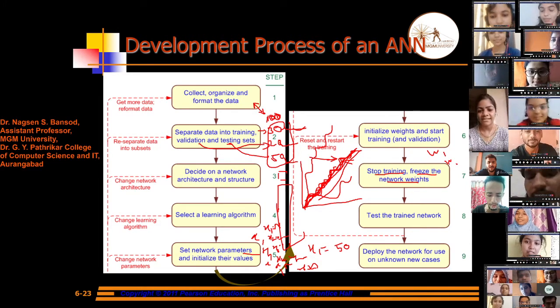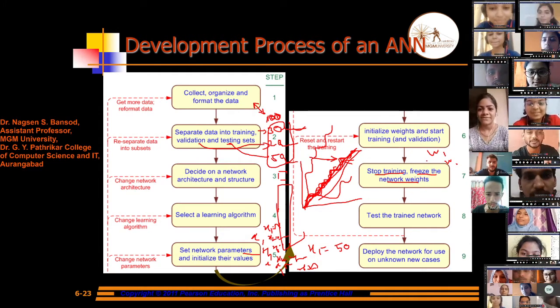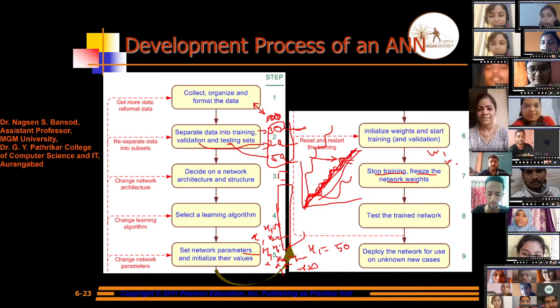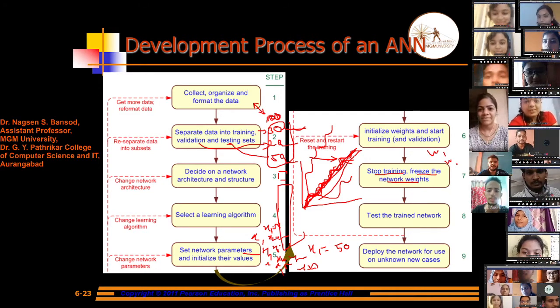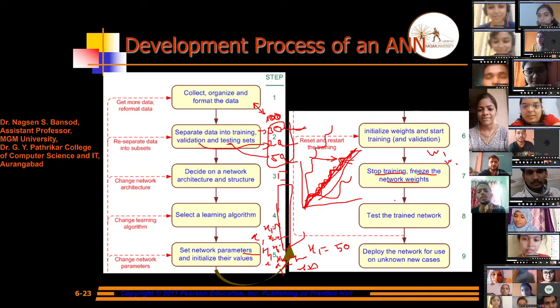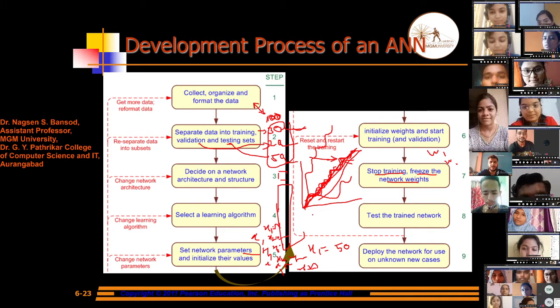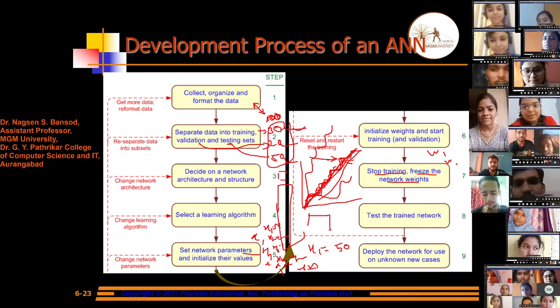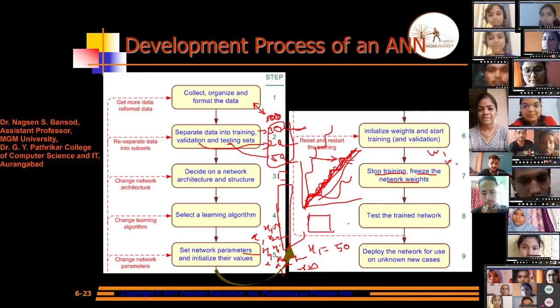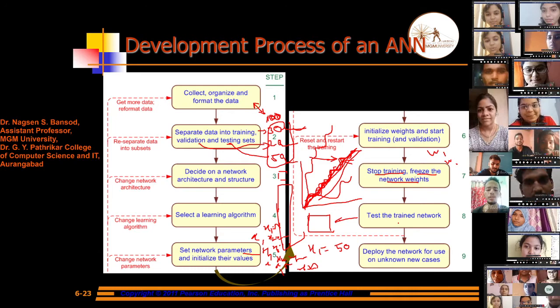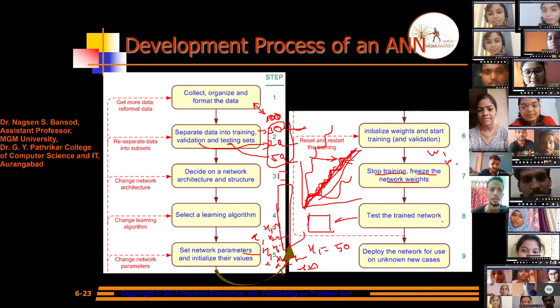As well, we will adjust the weight values until we minimize the error rate and reach the appropriate output. Once we get that, this will be our exact model. After getting the model at step number 7, we will test the trained network.